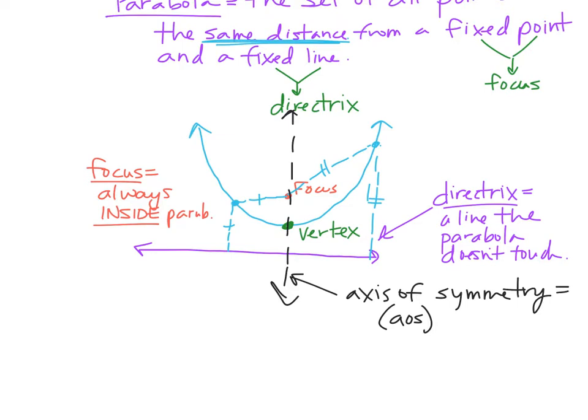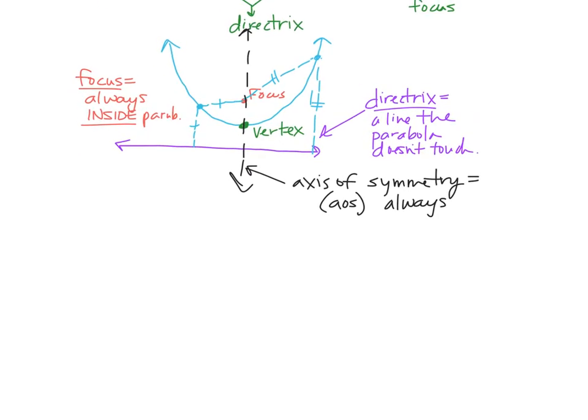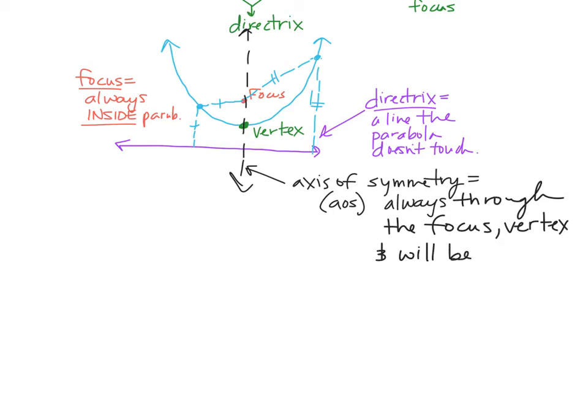This will always, let's move this up a little bit, always go through the focus and the vertex, and will be perpendicular to the directrix. So if you look here, this is 90 degrees.